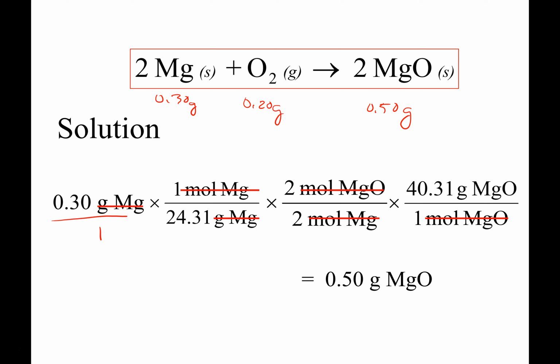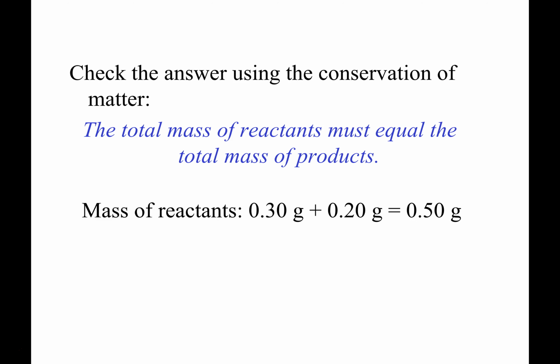So on a test, just to put you at ease, I will never put you in the awkward situation of having to work this out longhand when you could have gotten it short like that. I will say this is a good check, okay? So here in a minute, I'm going to turn you loose with a few calculations, and you should always have this mass balance going on. It's a good check.